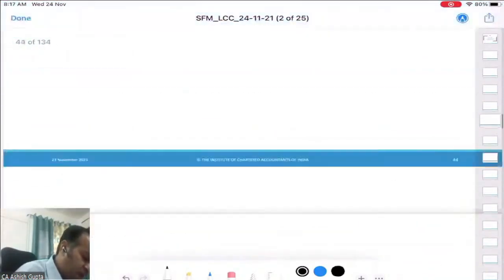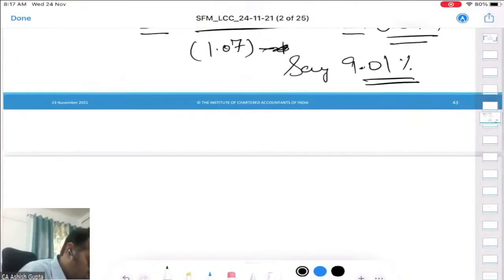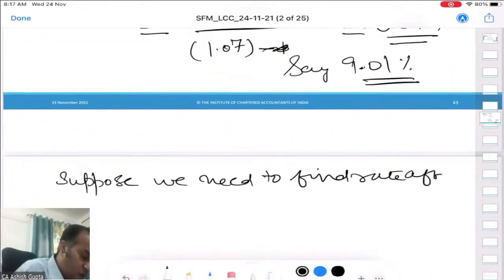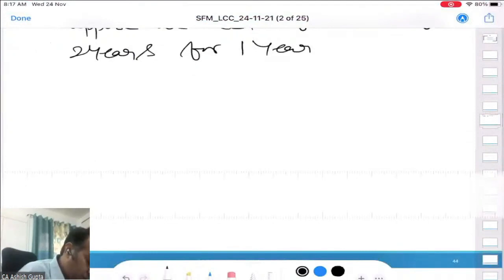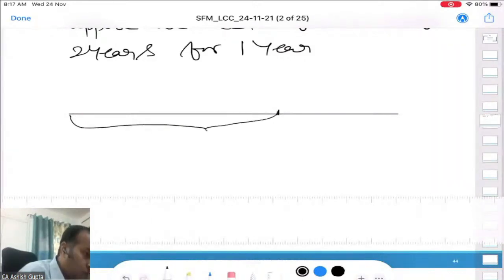Similarly, we can also find, suppose I am just changing the example, suppose we need to find out the rate after 2 years for 1 year. Similarly, this interest will be 7.5%.